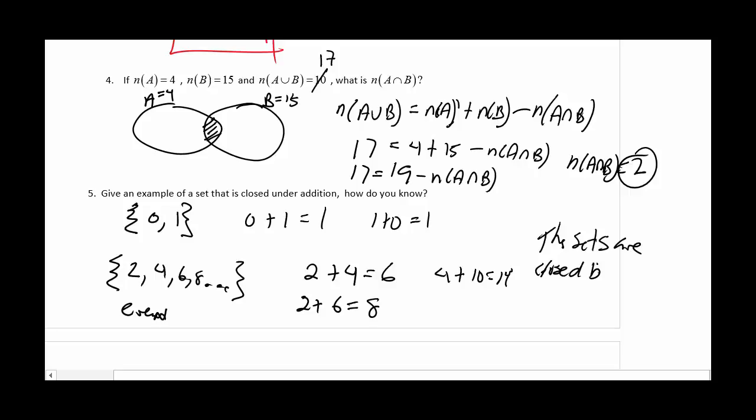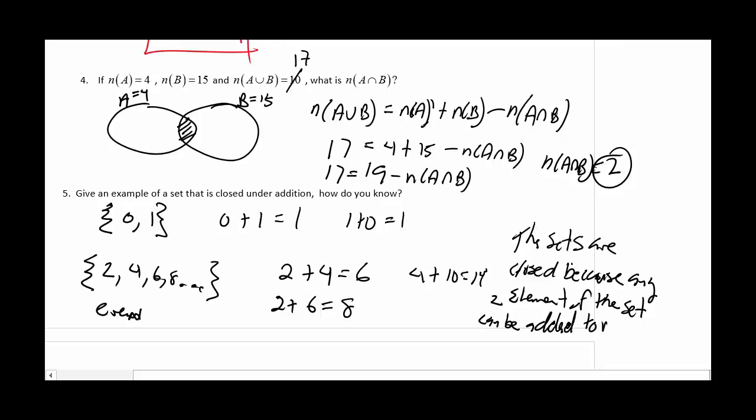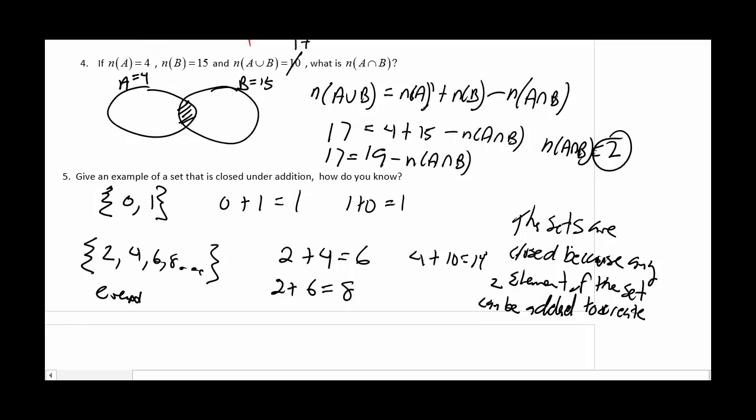Sets are closed because any 2 elements of the set can be added to create another member of the set.